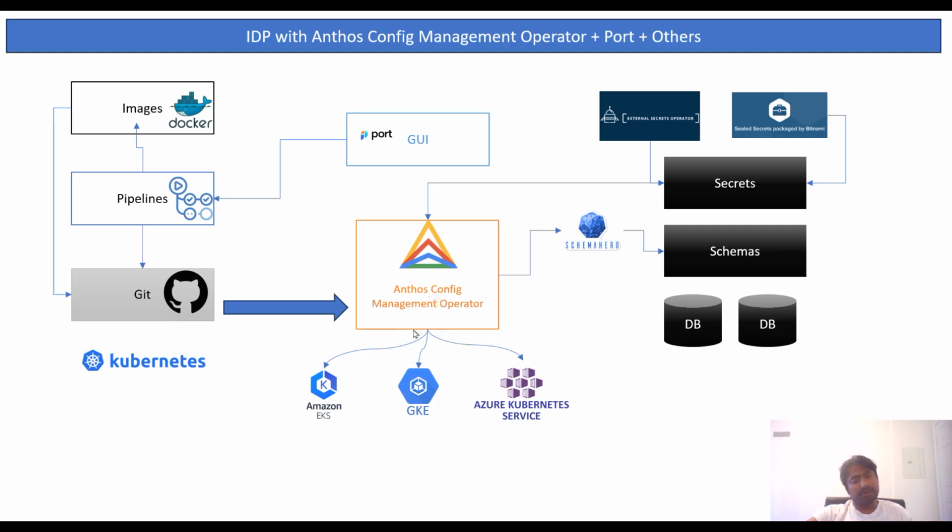Anthos Config Management Operator works along with another tool called Nomos, and Nomos allows you to check the status of the applied changes. Suppose you are pushing some YML manifest files to your Git repo. Those will be sensed by the config management operator, pulled and applied.